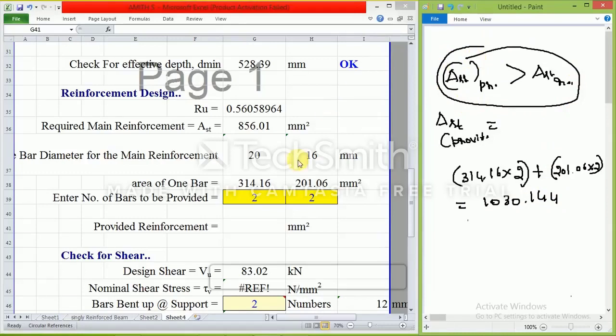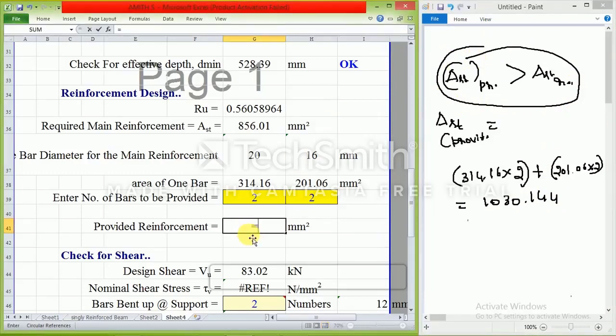We need to check that it is safe by applying this condition. Let me apply it here. I'll open the bracket, area of the bar into number of bars, close the bracket, plus again open the bracket for the next term. Just by entering this with the plus, you are going to get 1030.44.